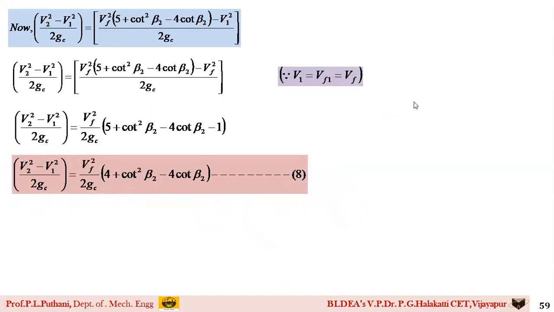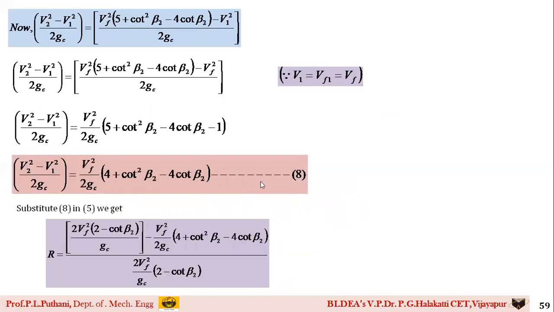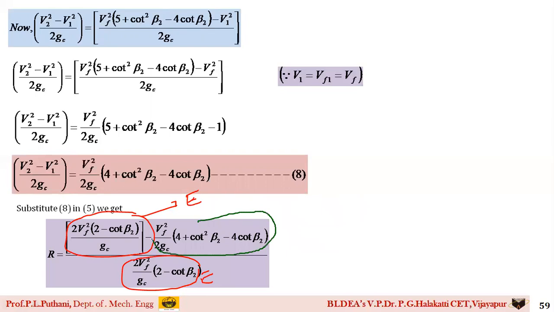So now on simplification, it was 2 vf square by gc into this energy. This is the value of our energy equation which we derived previously, at the starting of this class. This is the value of E, and this is also the value of E itself. Then this is the value of v2 square minus v1 square.